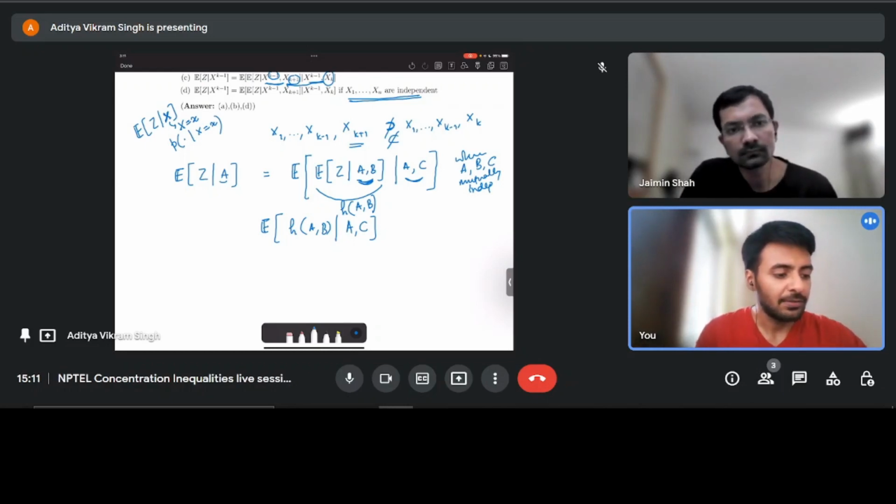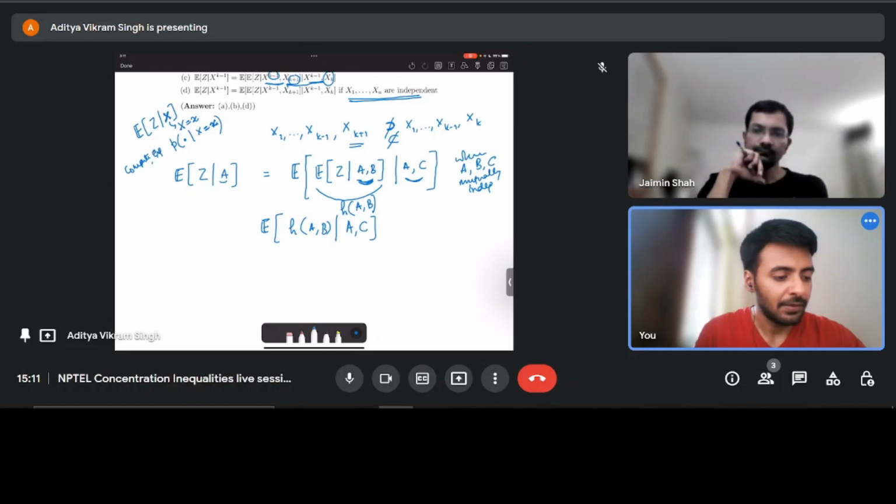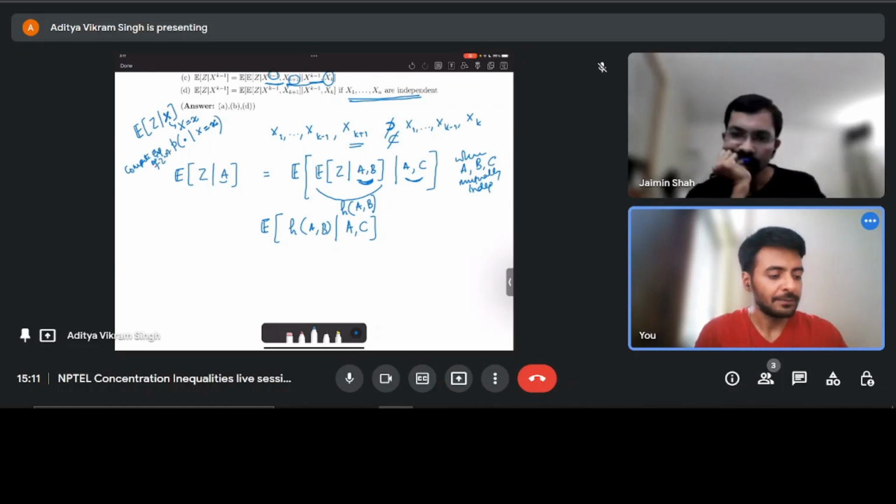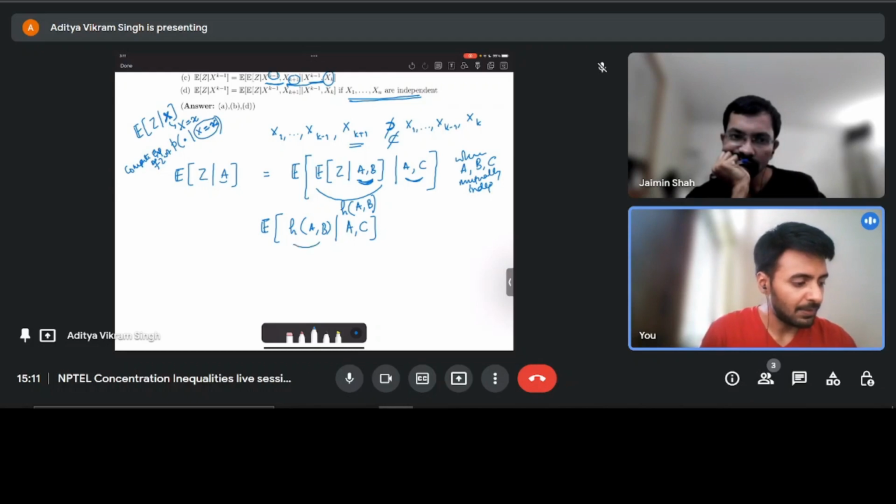Now you are given x equals x, so you condition on that, and according to this distribution, compute the expectation of z. In essence, whatever you're given, fix that and condition on that, and average out all the other random variables. So here we have h(a, b).